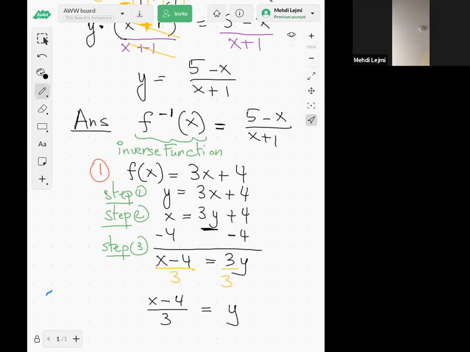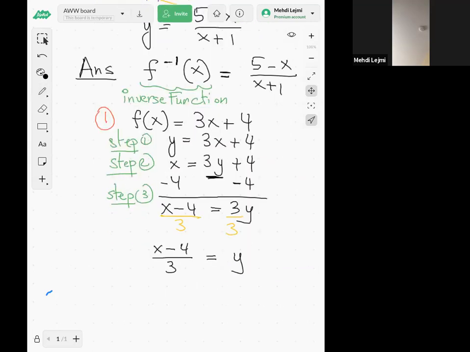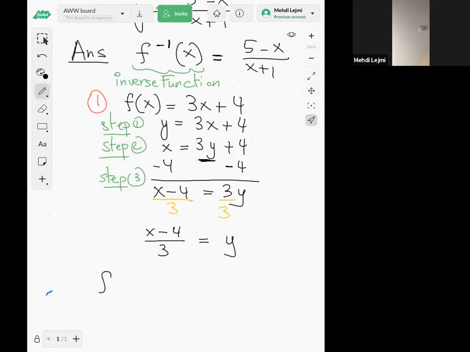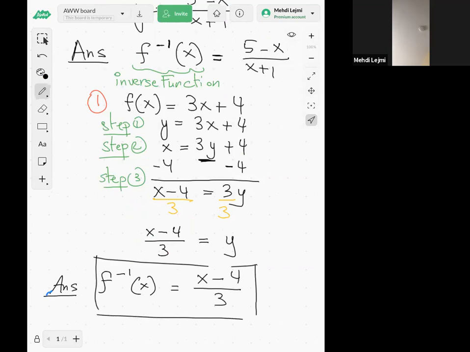So then f inverse, of course, is the answer. So f inverse of x is x minus 4 over 3, right? Any question, guys? Okay, so no questions then.